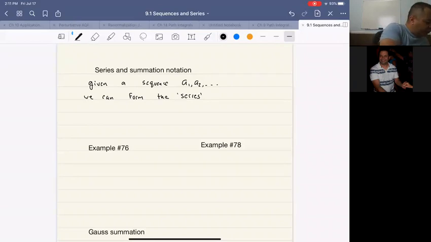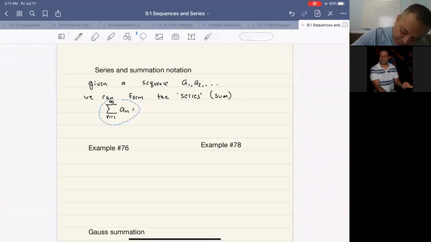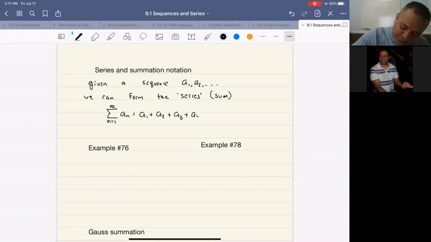That's the sum from n equals 1 to infinity of a sub n, and that's going to be a sub 1 plus a sub 2 plus a sub 3 plus a sub 4, and goes on forever and ever.